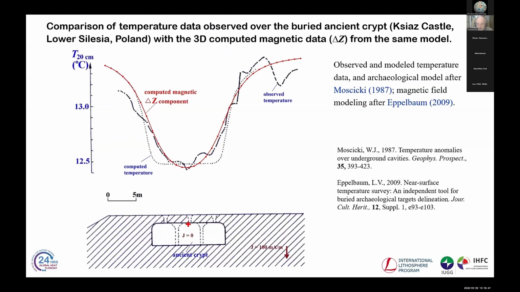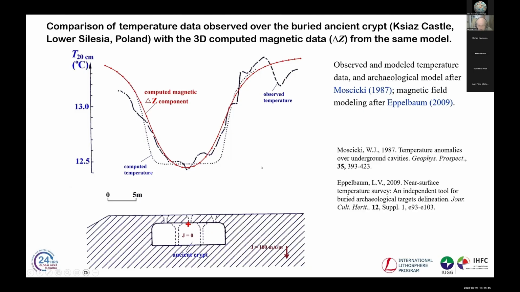It's a very interesting example, the observed and modeled temperature and archaeological model after Moskitsky. What we have here is an ancient crypt, the observed temperature over it, and by the dots we have the modeled temperature.